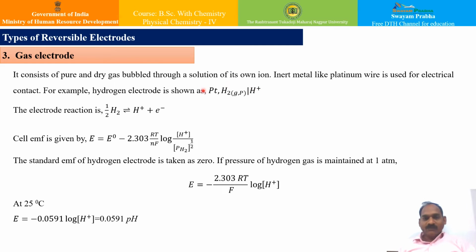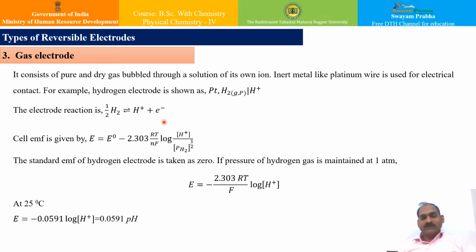Okay, now once again, if I want it to act as anode, this particular reaction will be represented like half H2 giving H plus and 1 electron, or H2 giving 2 H plus and 2 electrons, I can also write in this case. That means the reaction will go from left to right.